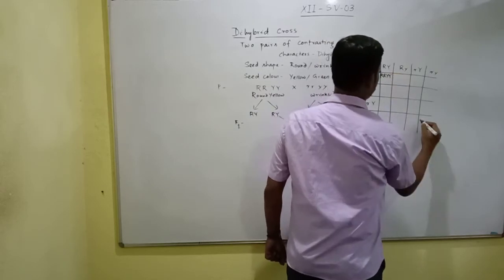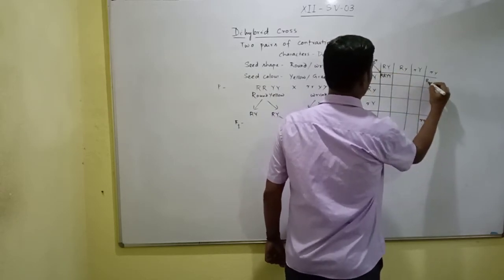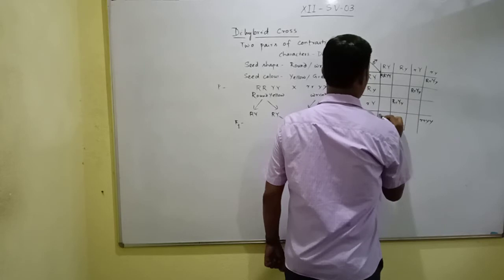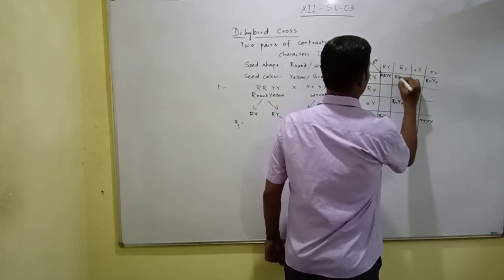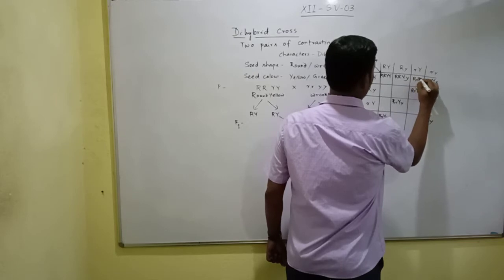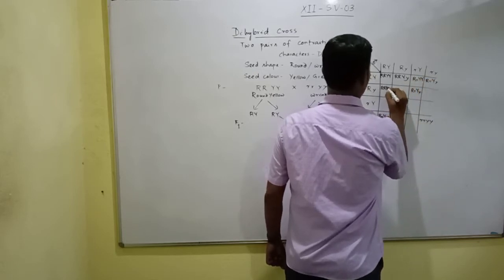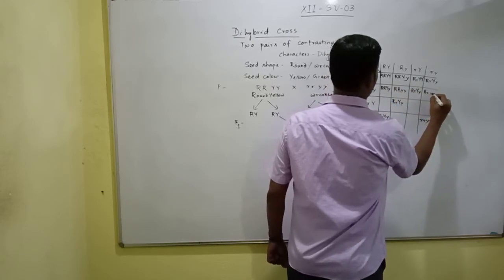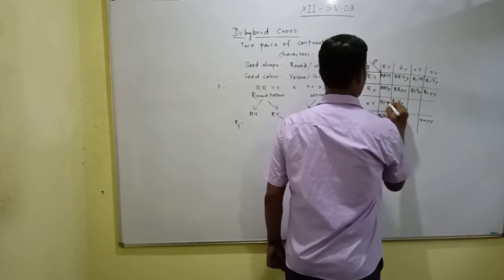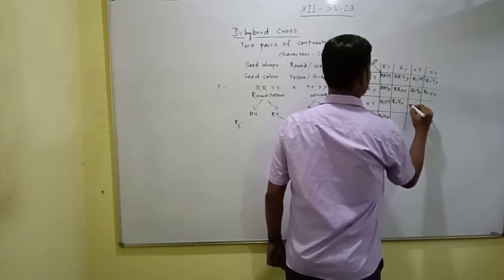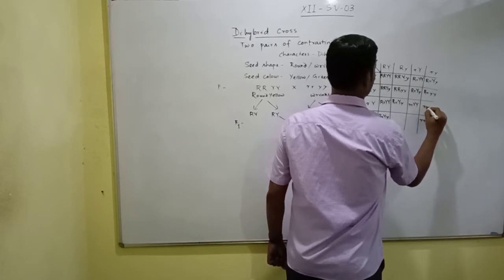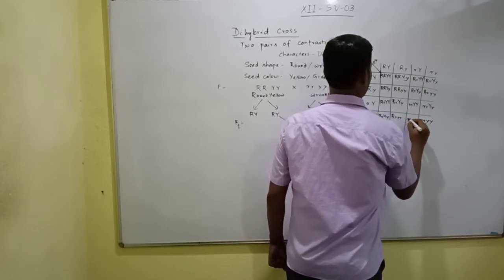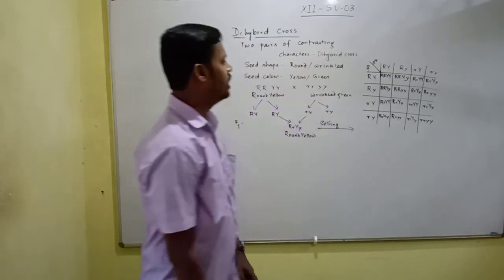So parentals at the end, F1 in the diagonal, then so these are the genotypes.